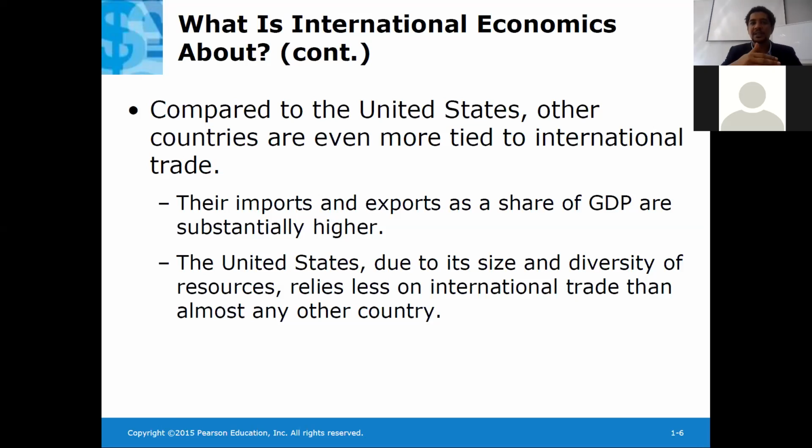The US has higher imports than exports, so there is a trade deficit, but the US balances this through foreign direct investment and through other means of cash inflow to the country. But compared to the United States, other countries are even more tied to international trade, which means other countries are even more dependent on international trade.